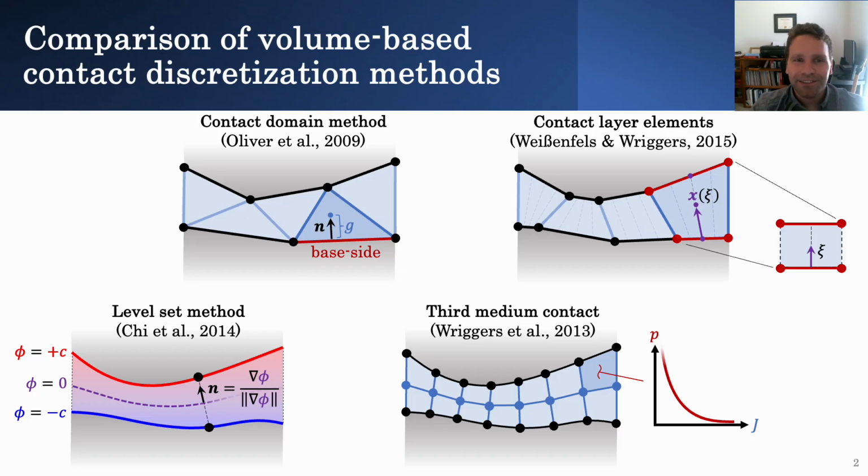Some of the history of this method comes all the way back to the work of Oliver and colleagues in the development of the so-called contact domain method, which involves discretizing the interface between two different surfaces in potential contact using a collection of conforming finite elements.